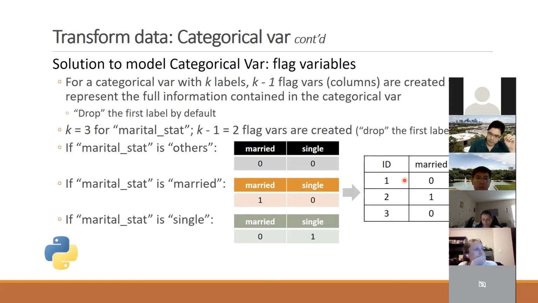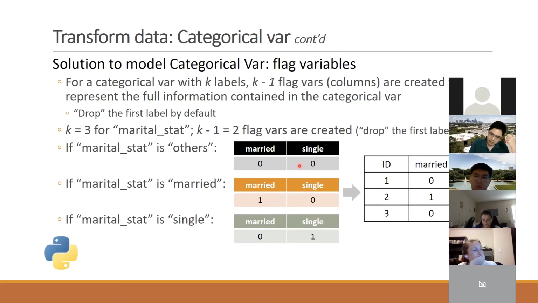The first customer has a status of others, and if we choose these 2 labels to create the flag variable, then we have married and single flag variables. For a customer that has the marital status of others, its values would be 0 on both flag variables, which means neither.